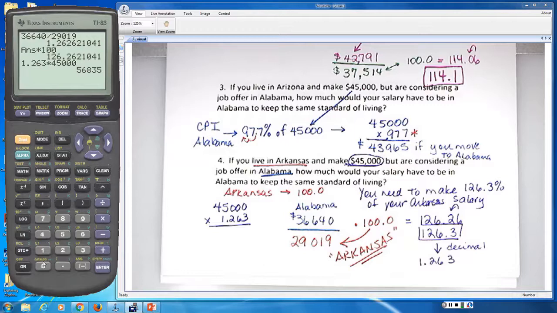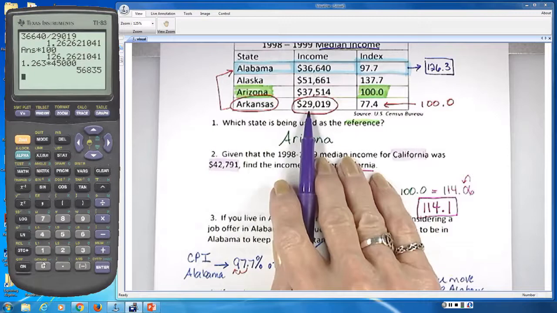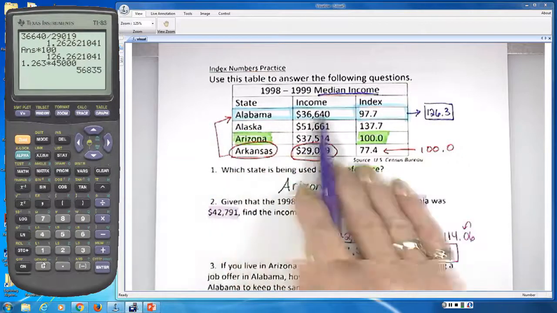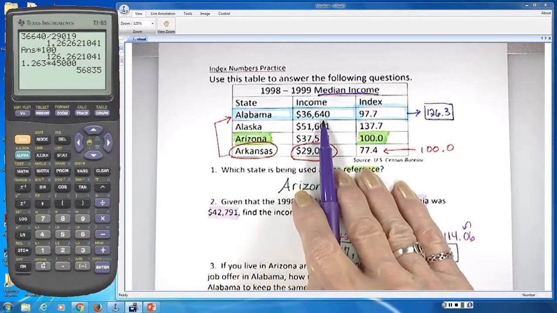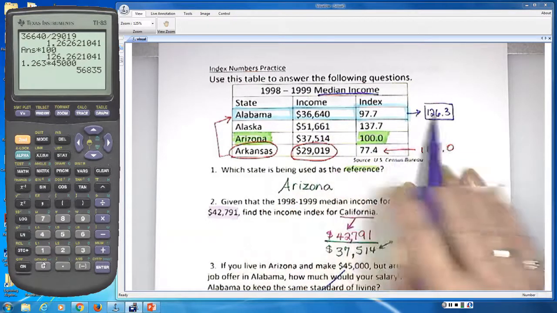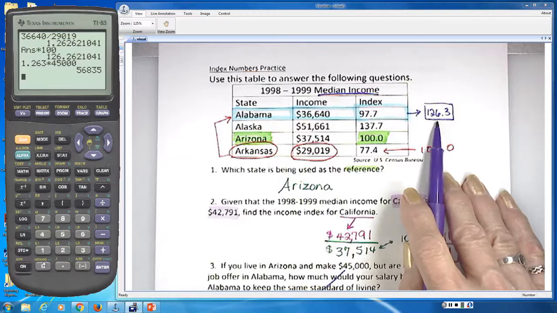So if I move from Arkansas, where the median income is only $29,019, to a state like Alabama, where the median income is quite a bit more than that, $36,640, that means their index value compared to me in Arkansas is 126.3, so I'm going to have to make 126.3% of my current salary, more than my current salary.